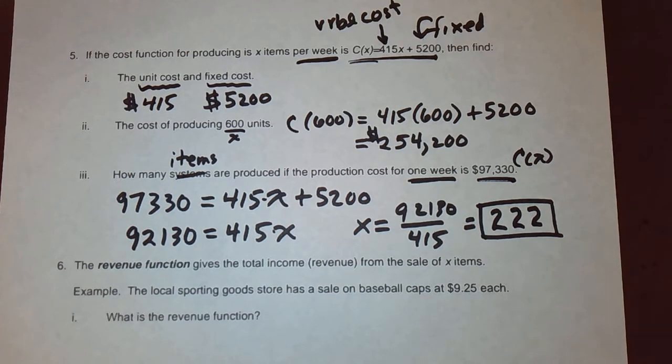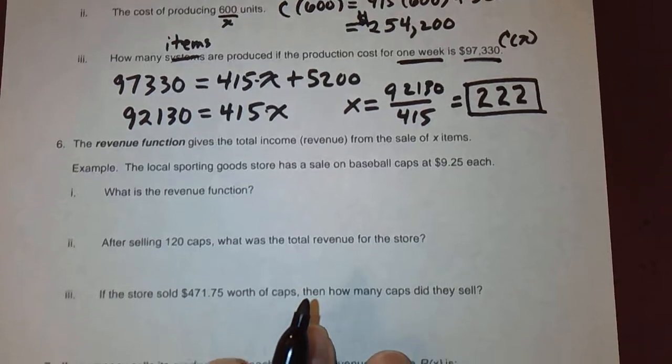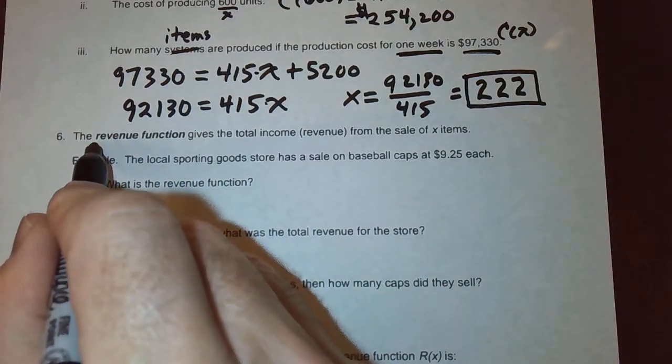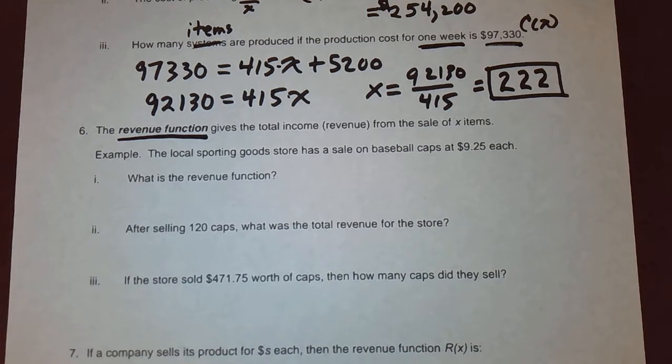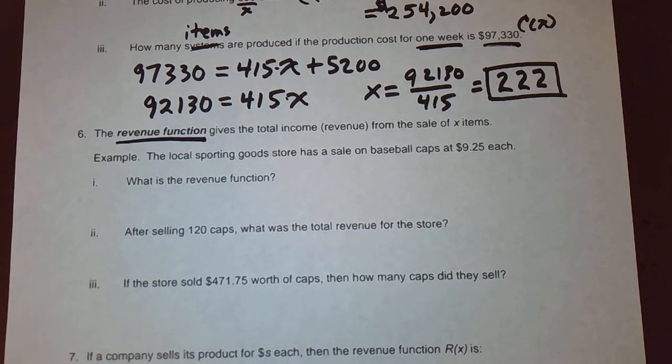Okay, that's pretty much all there is to know about the cost function. The next function is even easier to remember. The next function we need to remember is the revenue function. If you remember, a revenue function is a function that says how much your revenue is going to be based upon how many items you produce.